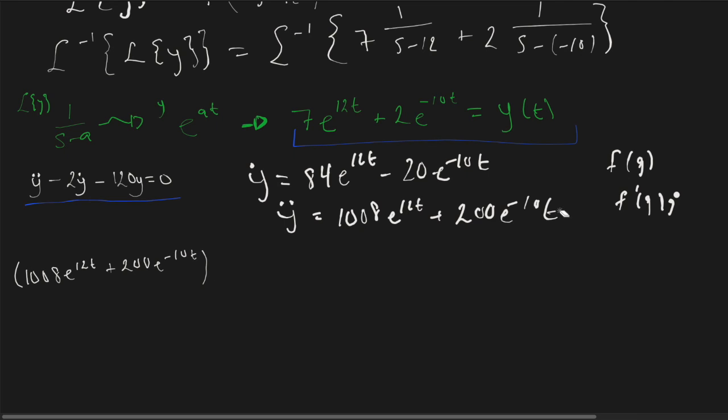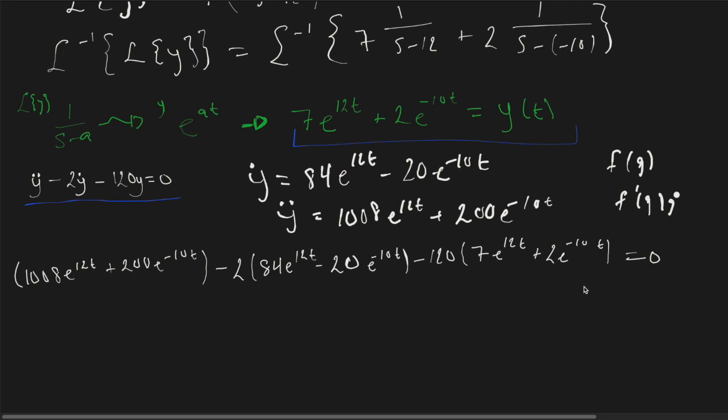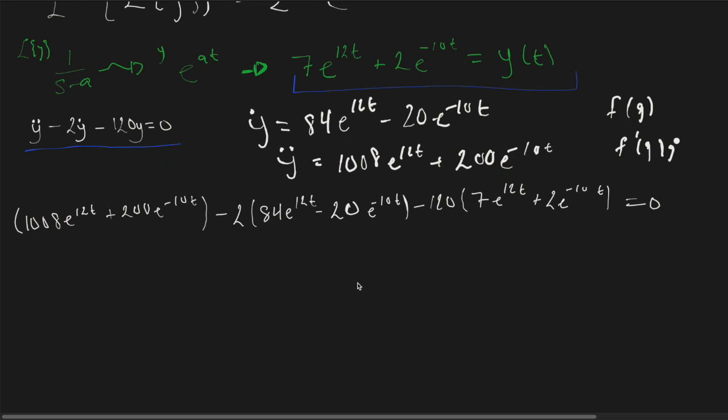And I'm sorry about this, it looks like it's down there, but it's supposed to be up here. Minus 2 times the derivative, 84 e to the 12t minus 20 e to the minus 10t. Then we do the next one, minus 120, big number, times the original function. So 7 e to the 12t plus 2 e to the minus 10t. And that has to equal 0 for this to be a solution. And you can think of this as like some advanced algebra, you know what I mean?